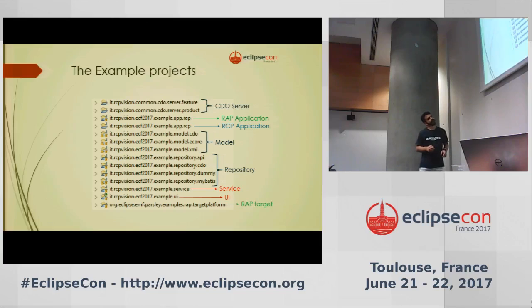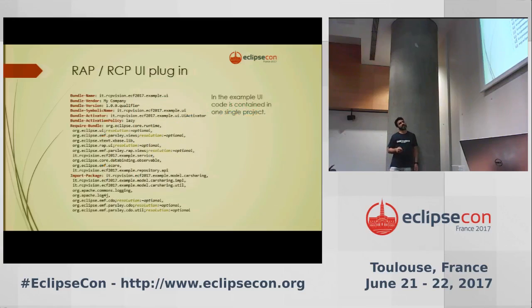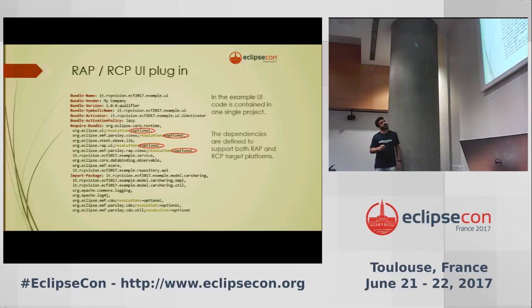And then the last is the target definition for RAP, that is available from the examples of EMF Parsley. So how can I manage all this stuff together? The first is regarding the RAP and RCP difference.